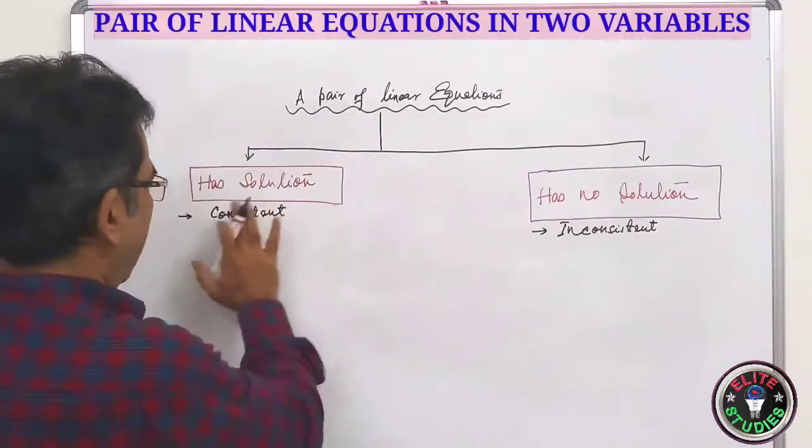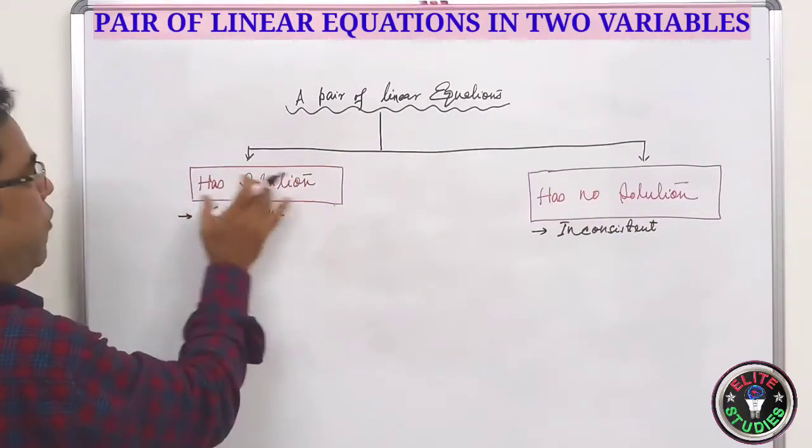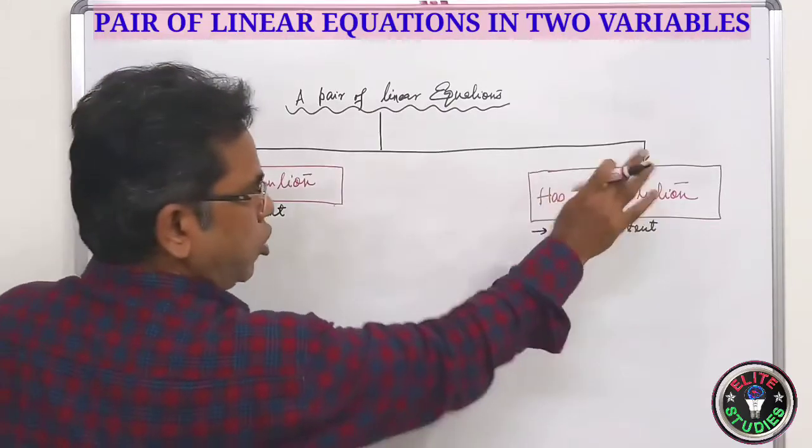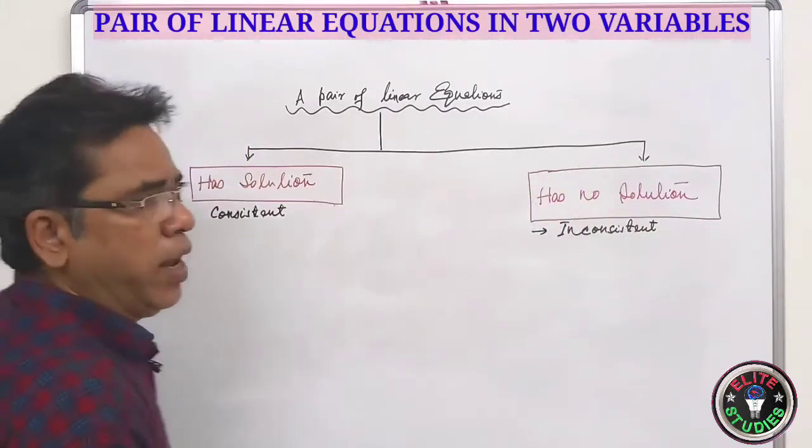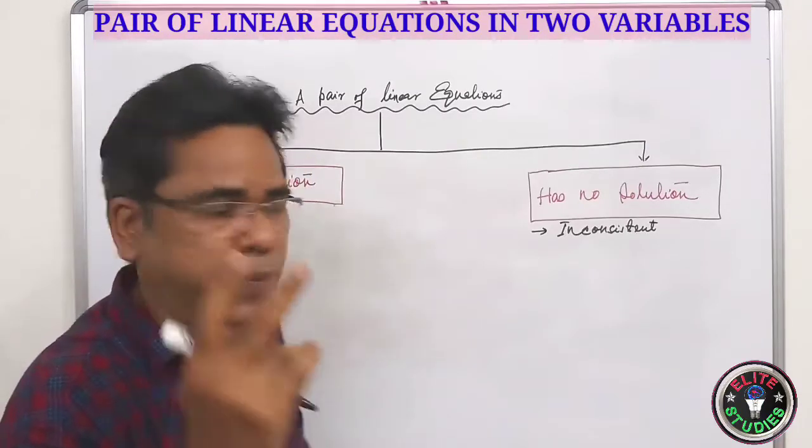That's it. Now it can be bifurcated into two. That is over, has no solution. But if it has a solution, again it will have two types.